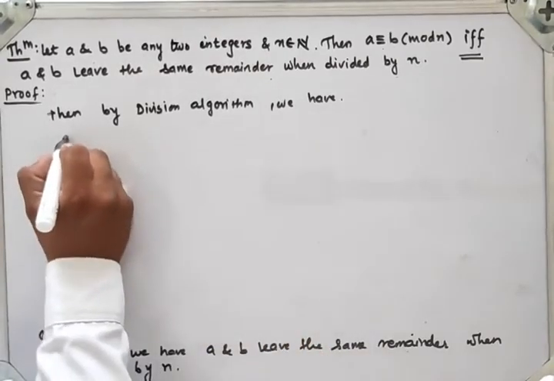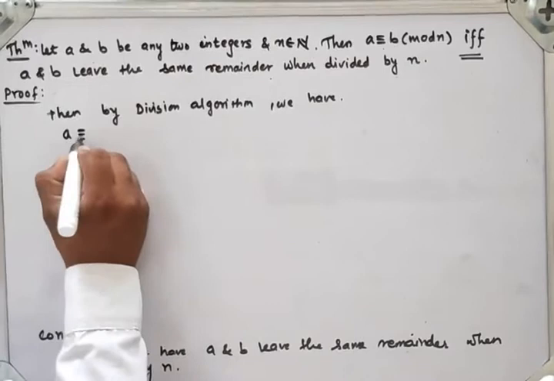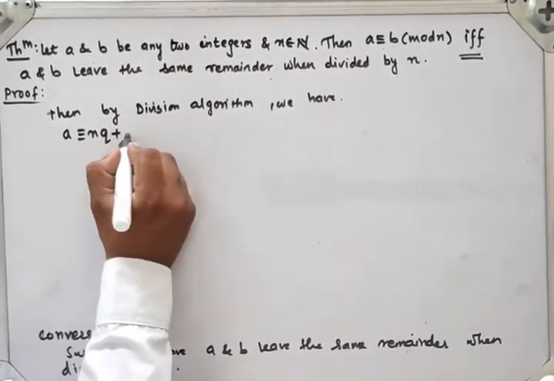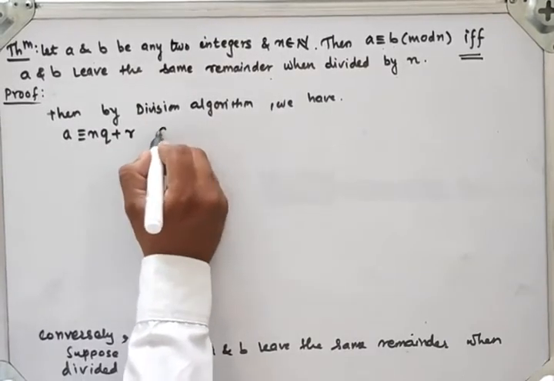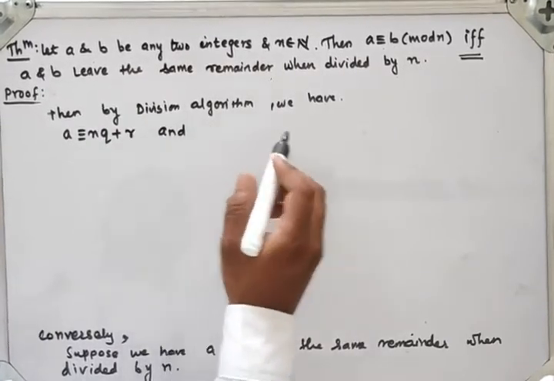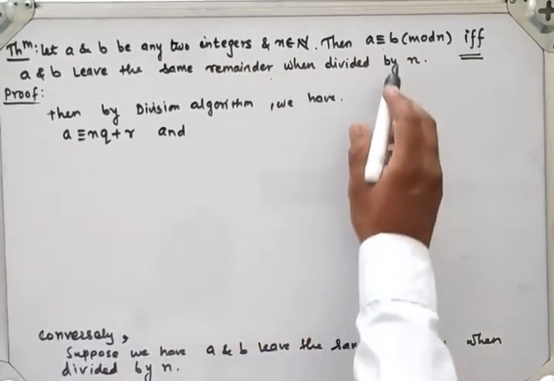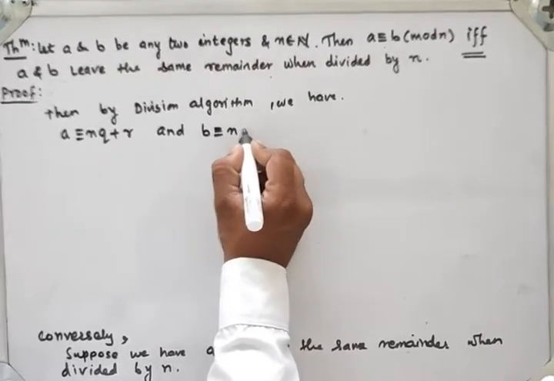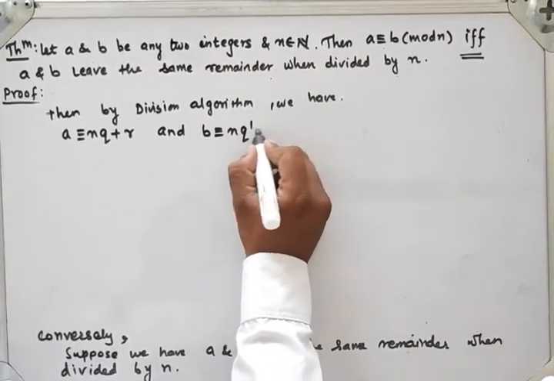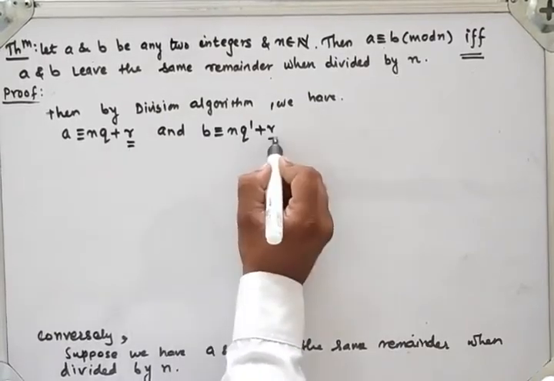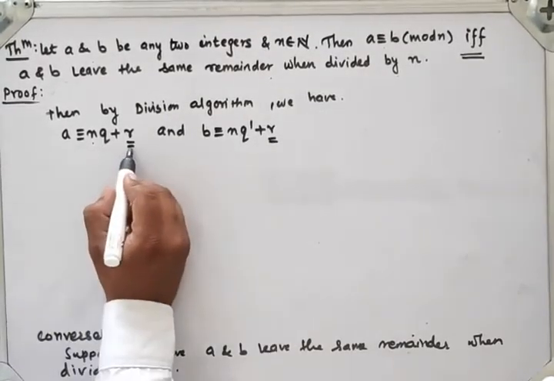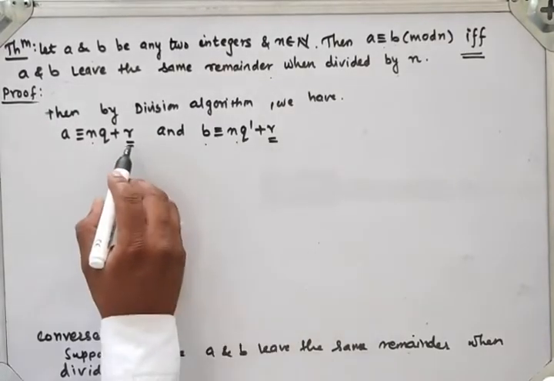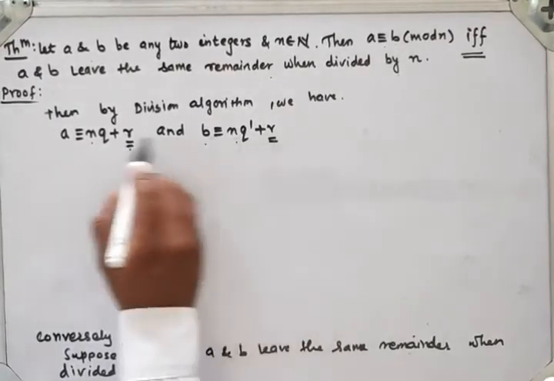So I apply it to a and n: a divided by n, there exist a quotient q and remainder r. After applying the division algorithm between b and n, there exists a quotient q' and the same remainder r. So both have the same remainder r when divided by n.